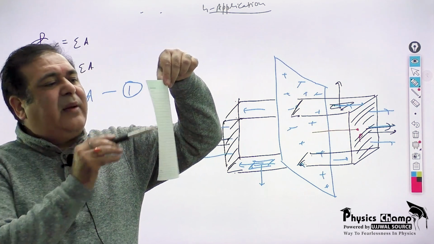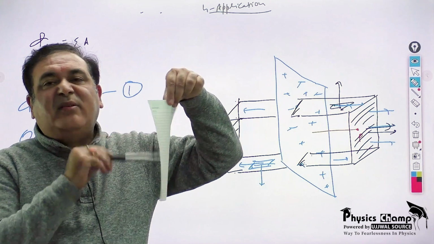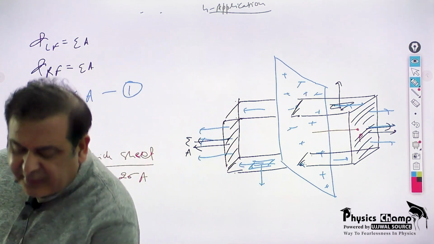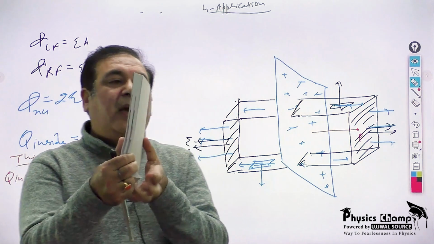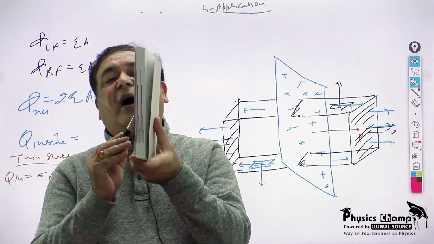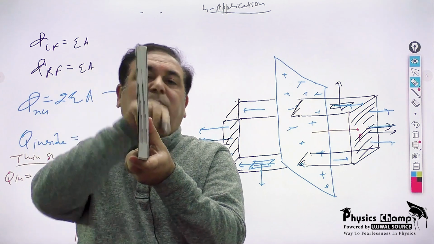Here, if I take a particular area, the charge in that area will be just sigma A. And in a thick sheet, as you can see here, the charge would be on this surface also and on this surface also.